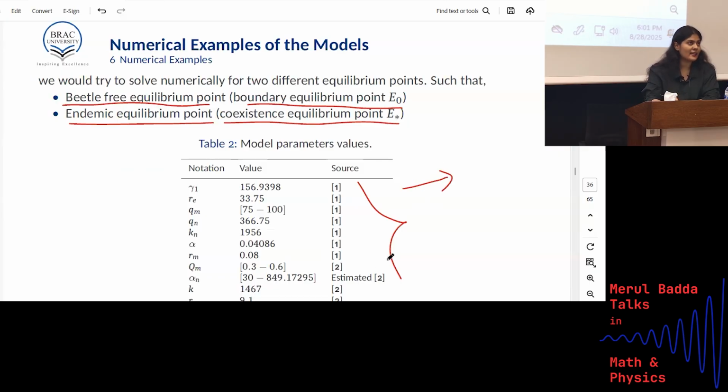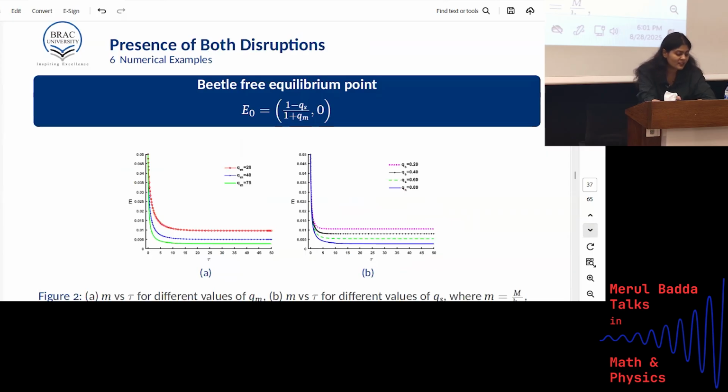Some of the data is assumed for our calculation and some of the data is estimated. So both disruptions, harvesting and wildfire, are present in our condition, and the beetle attack is stable in our model.